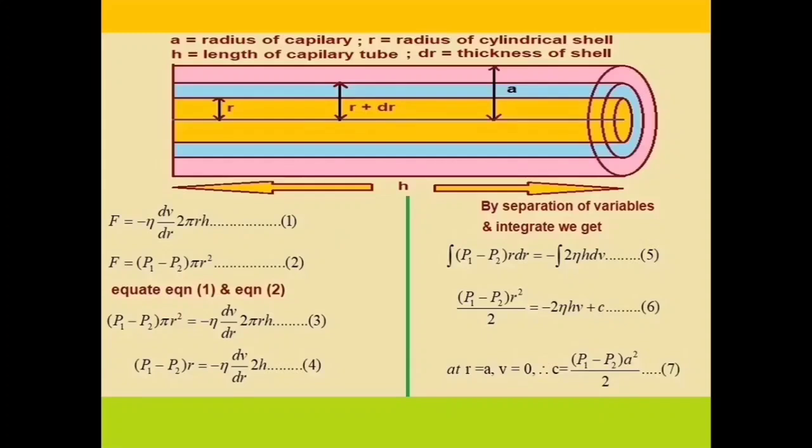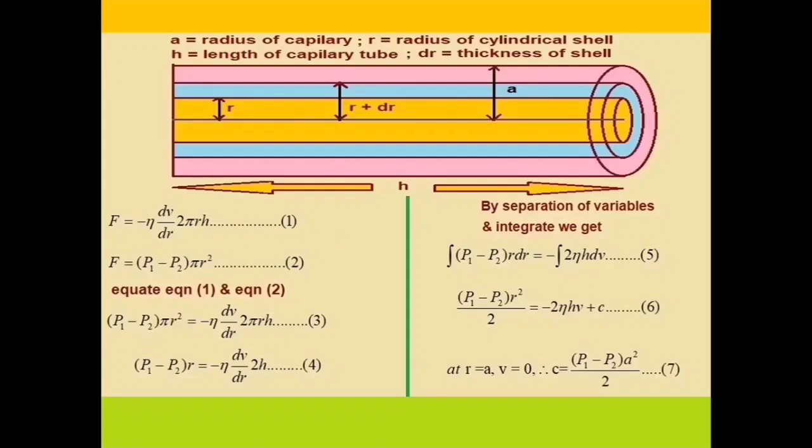By separation of variables and integrating, we get integration of (P1 minus P2) into r dr is equal to minus integration of 2 eta h dv. This is equation 5. After integrating equation 5, we get (P1 minus P2) r squared divided by 2 is equal to minus twice eta hv plus c.